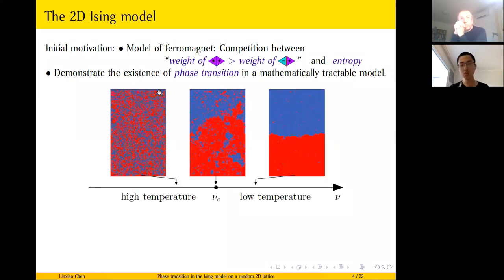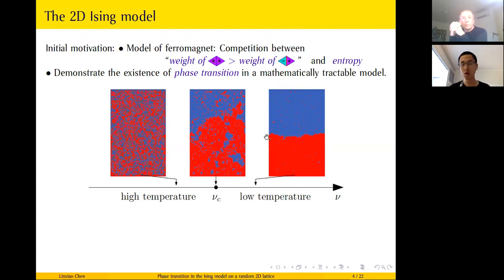So what is a phase transition? Here I give the typical configuration of the Ising model at 3 different temperatures obtained by simulation. On the left, I have the typical configuration of the Ising model at high temperature. And as you see, the spins are more or less randomly distributed. While on the right-hand side, I have a typical configuration for low temperature.